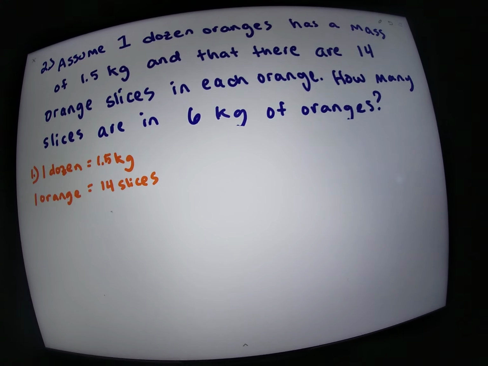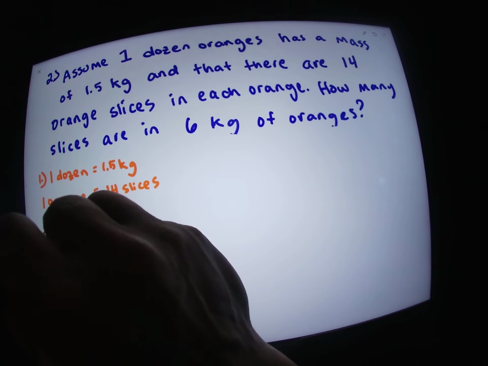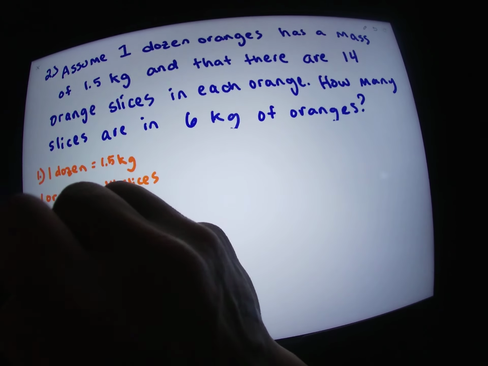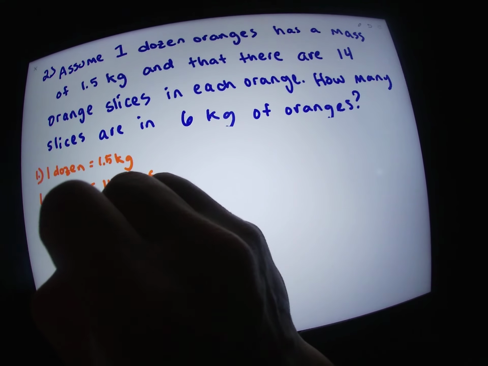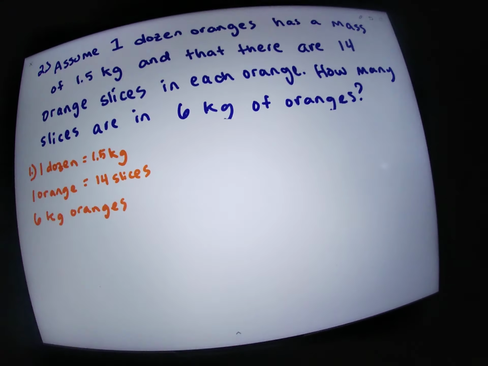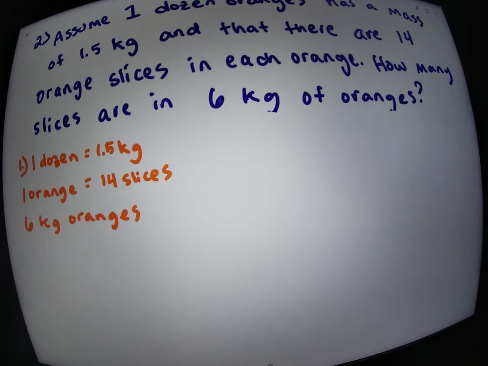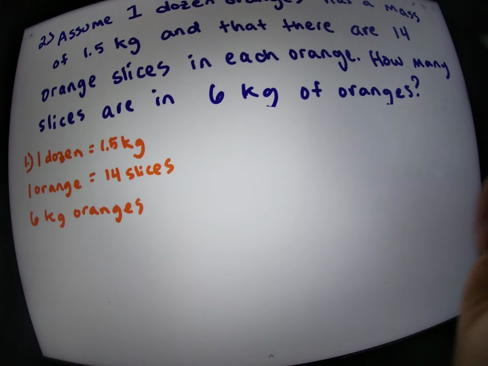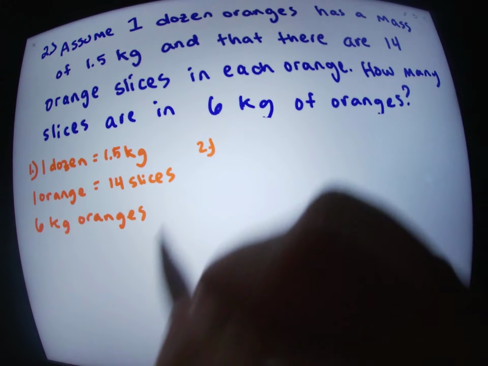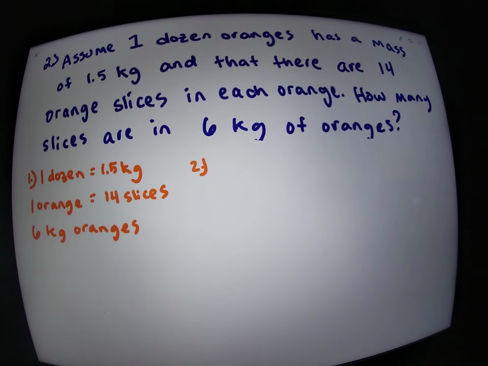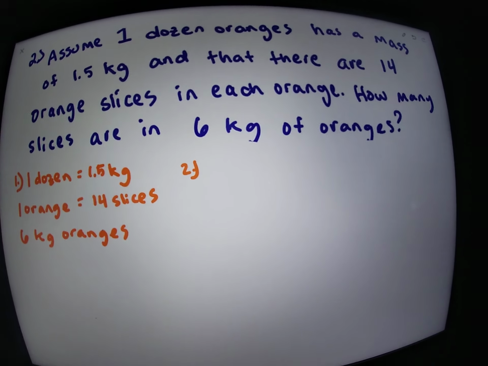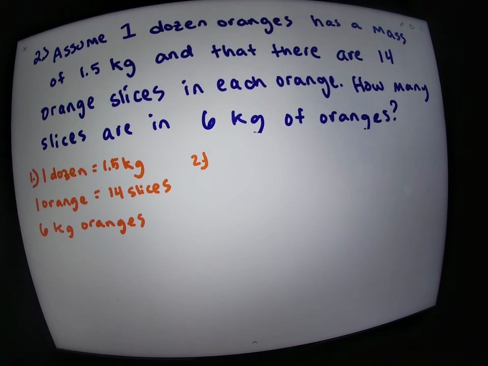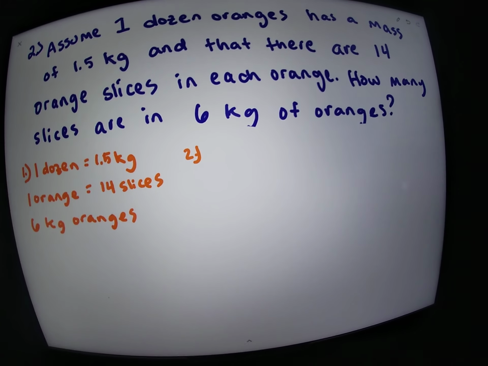And we also know that we are starting off with 6 kilograms of oranges. All right. The second part now is, well, what do we want in the end? A lot of the times, in order to figure out the ending units we want, look at that last question.